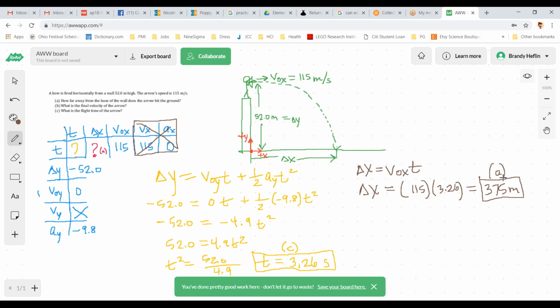Anything for vertical motion goes in the vertical direction on the table. And then it's just a matter of matching up what variables do I have or could solve for with the equations that fit that combination of numbers that I have and things I want to solve for.